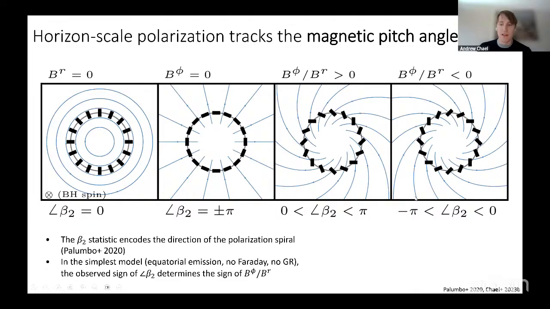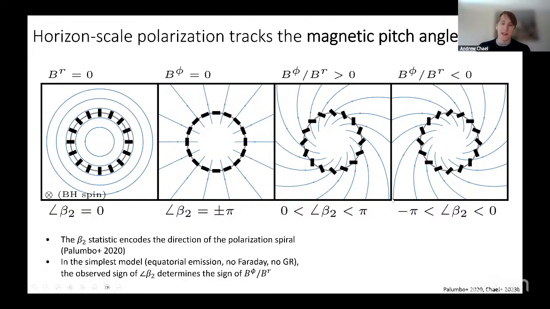In particular, when we're looking at the spirals, which are either right-handed as in this case, or left-handed as in this case, considering the spin of the black hole to be into the page here, we can characterize those as having the phase of beta-2 either being less than 0 for the right-handed spiral or greater than 0 for the left-handed spiral.